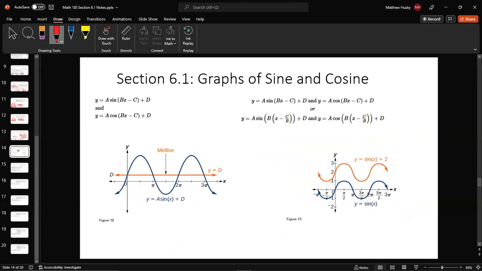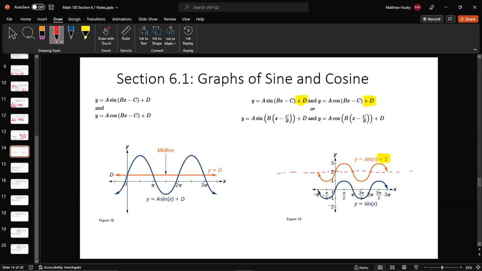Okay. The next thing that we have is the midline, which is going to be the value of D. So the midline is pretty straightforward. Whatever the value of D is, that is the midline. So what you will notice is that here it's a +2. So then 2 is the middle of the graph.